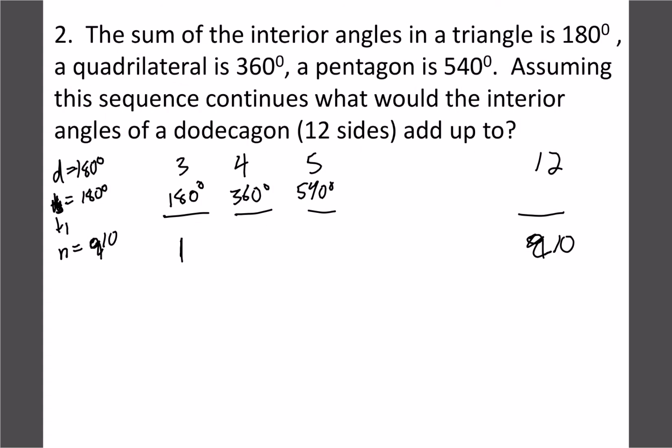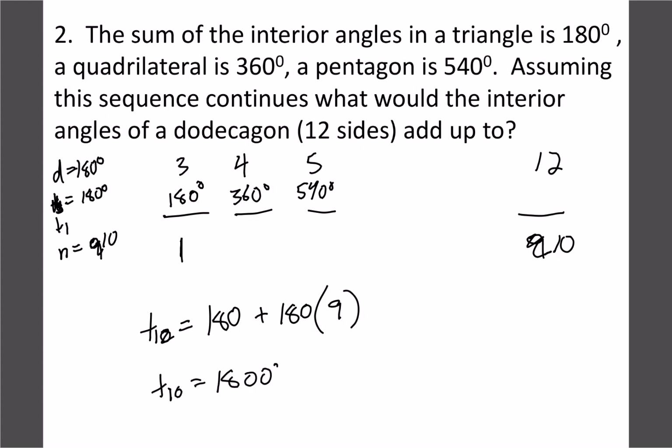So we can actually solve it for term 12, or sorry, in this case term 10, and term 1 was 180. Our difference was 180, and 10 minus 1 would be 9. So 180 times 9 plus 180 gives us 1800 degrees. So that should be what a 12-sided shape adds up to.